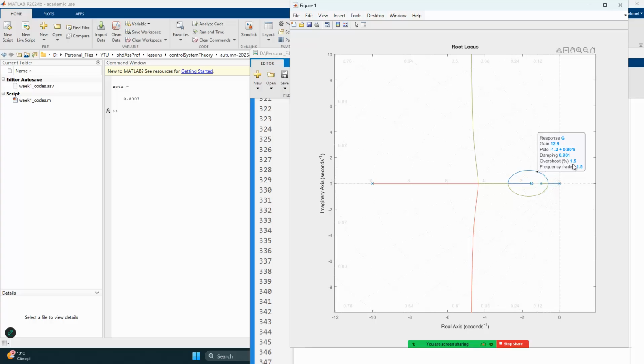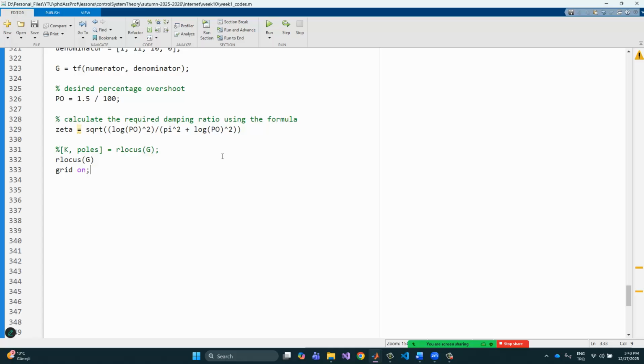The minus 1.2 plus 0.91, which means that if we choose the k value, the gain, equals to the 12.9, and so the overshoot is equals to the 1.5%, and damping ratio is equals to the our desired one. Do you understand what I'm saying, guys? In here, you have any questions? No, sir. Okay.